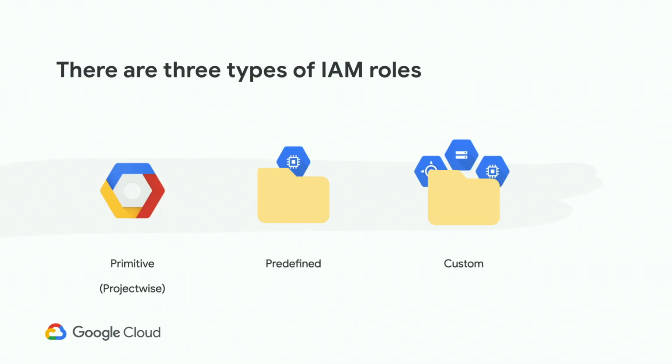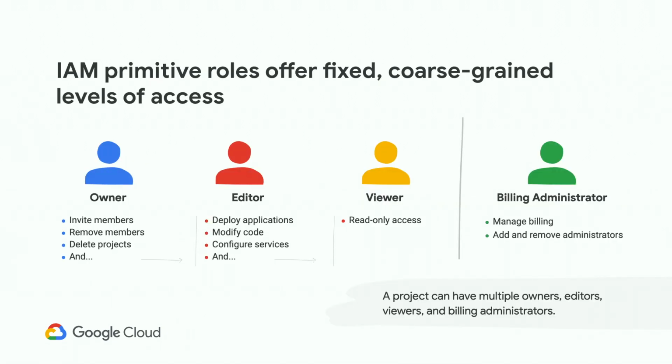So these are three kinds of IAM roles that we have. We have the primitive one, which applies to project-wide things, and then we have the predefined one, which goes for those specific services, and then we have the custom one that you can use for customized kinds of roles. All right, so this is the primitive one. You have owner, editor, viewer, and I'll say most of the time, this is not the case. Why is that? This one sounds nice, 1, 2, 3, just pick one.